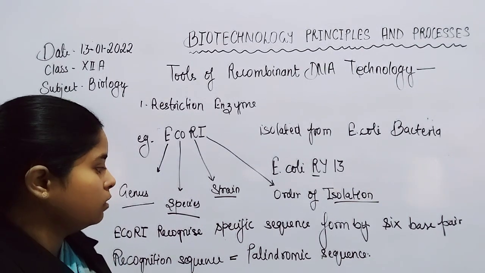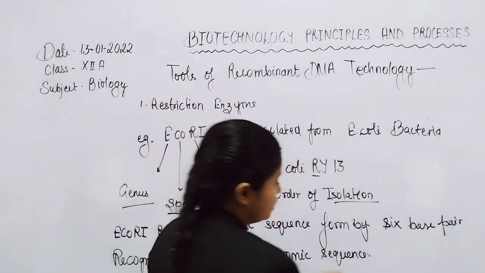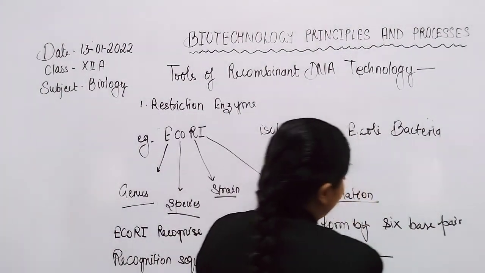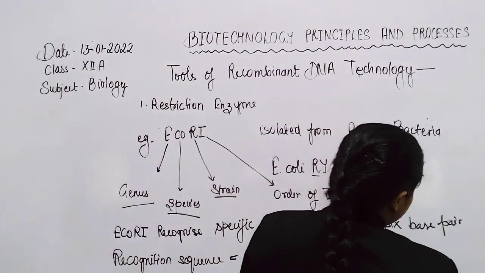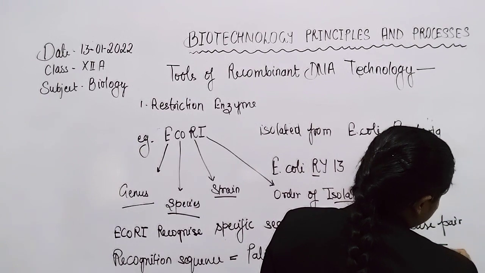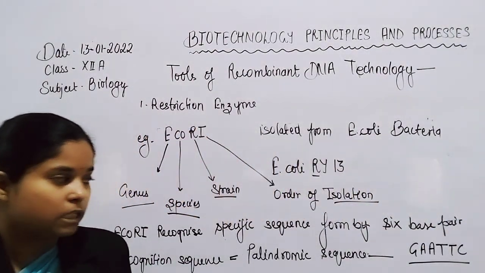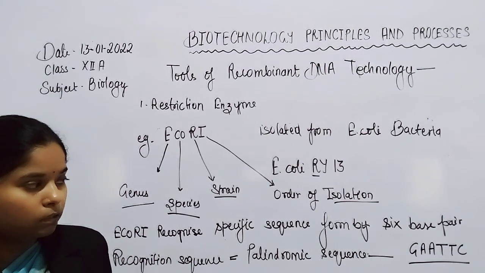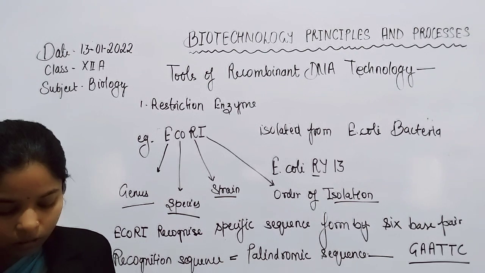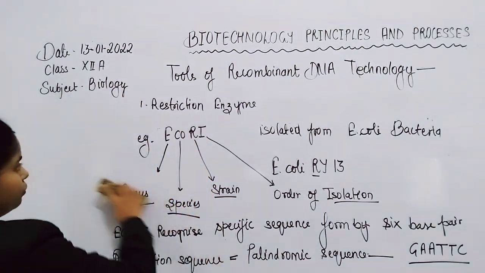That sequence is known as a palindromic sequence, and the sequence read by EcoRI is GAATTC, formed by 6 base pairs.